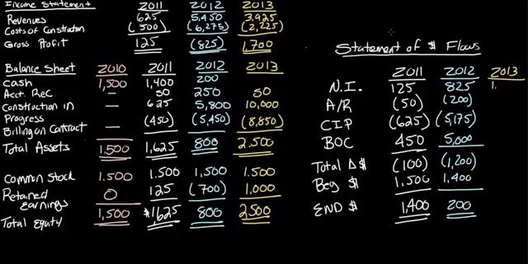Our net income was $1,700. Our change in accounts receivable, well, it went down by $200. So that should be, if beginning minus ending, we have a $200 positive. Our construction in progress account went up by about $4,200. Is that right? I think so. Yep. And doing the math.